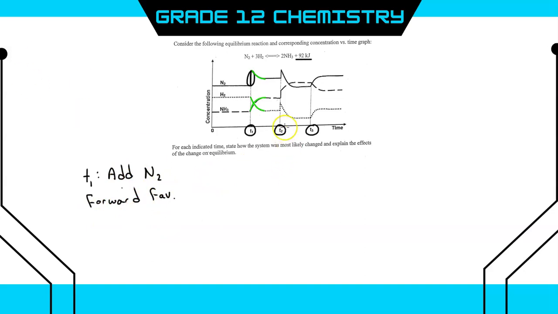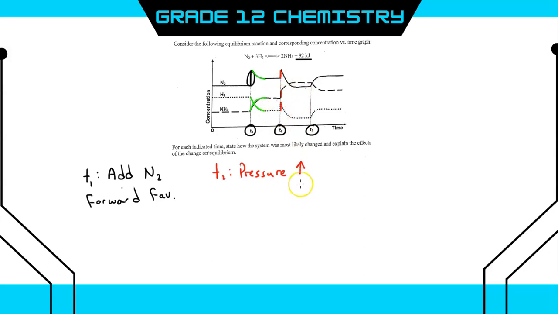All right, let's look at T2. At T2, we have 1, 2, 3 spikes straight up. That means pressure change. But was pressure increased or decreased? Since the concentrations are all increasing, pressure would have needed to increase, and it increases by lowering the volume that these gases are in.